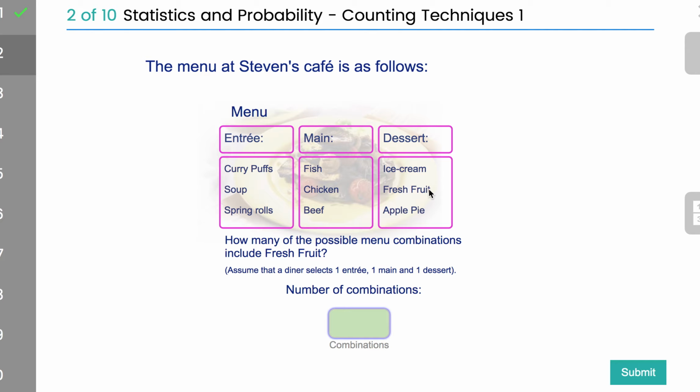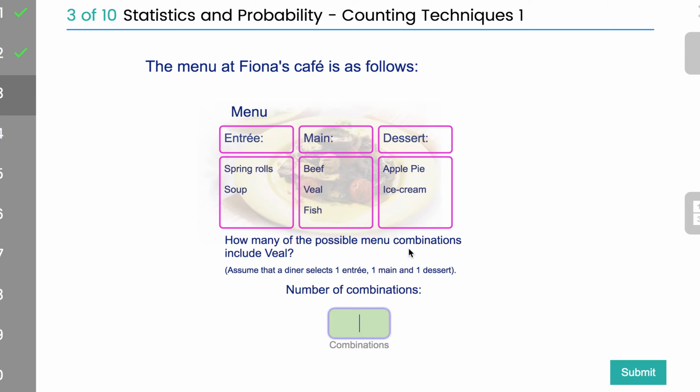But they can only have them with fresh fruit. So they could have these 3 multiplied with these 3, 9 different combinations of entree and main, but only have them times 1. So it's 3 times 3 times 1, because they've only got one option for dessert. So 3 times 3 is 9, times 1 is 9. Okay.